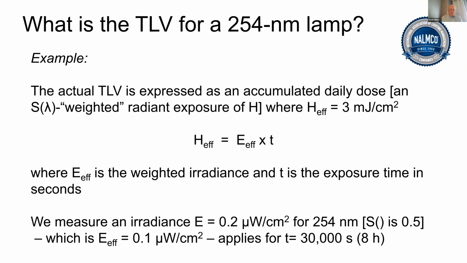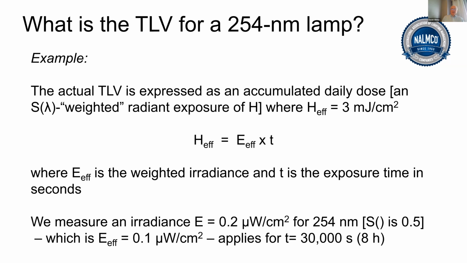And that is that an absolute irradiance is not 0.1 microwatt per square centimeter over 30,000 seconds. It's really 0.2 microwatts per square centimeter, because the weighting factor S lambda is 0.5 for 254 nanometers. So that's an example of how the typically measured irradiance is different than the effective irradiance.